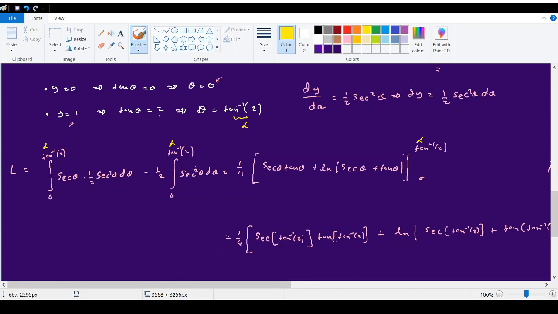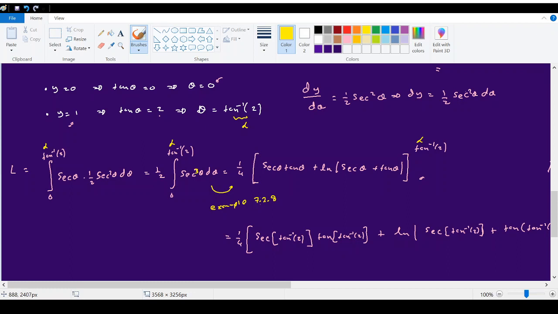Now for this one, here it will be sec cube theta, and we don't have any standard formula to integrate sec cube theta. But in previous examples, exactly in example 7.2.8, we discussed how to obtain the answer for the integral of sec cube theta.